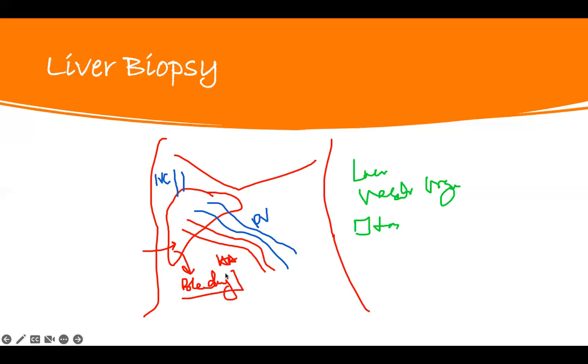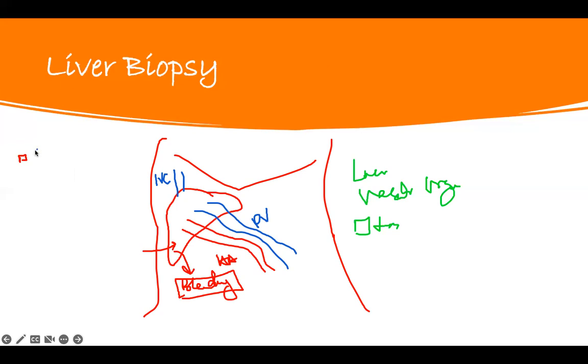And therefore, based on that pathophysiology, what do you think? Well, if a patient is going to have a liver biopsy, what should we want to prevent? Well, we want to prevent bleeding. So we want to avoid anything that will cause the liver to bleed.